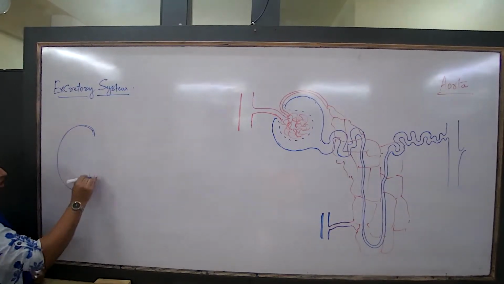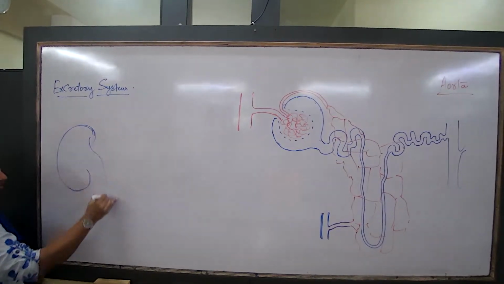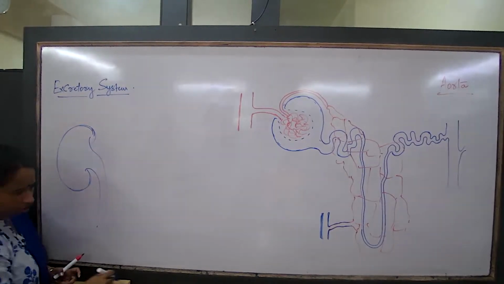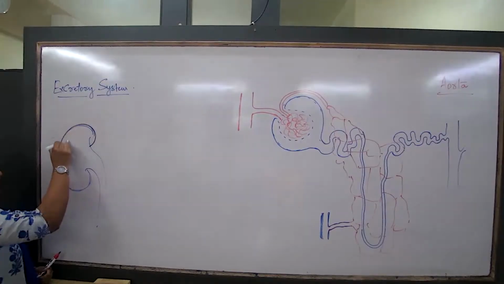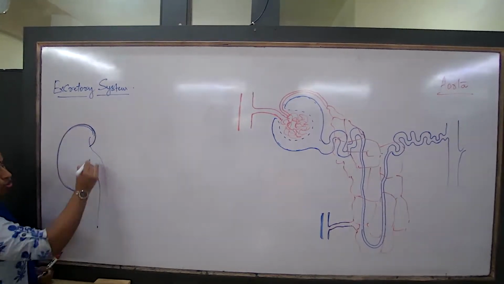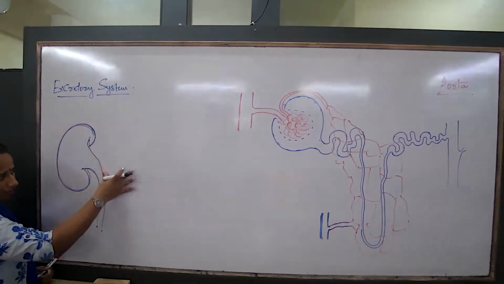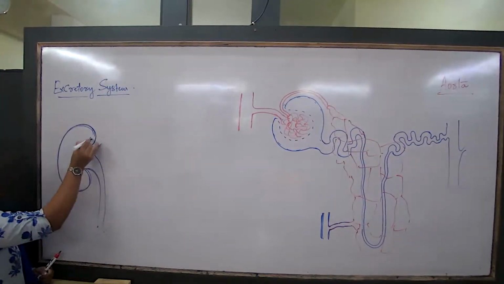If I talk about the structure of the kidney we have come across, this structure should always have two major regions. What are the two major regions we are talking about?